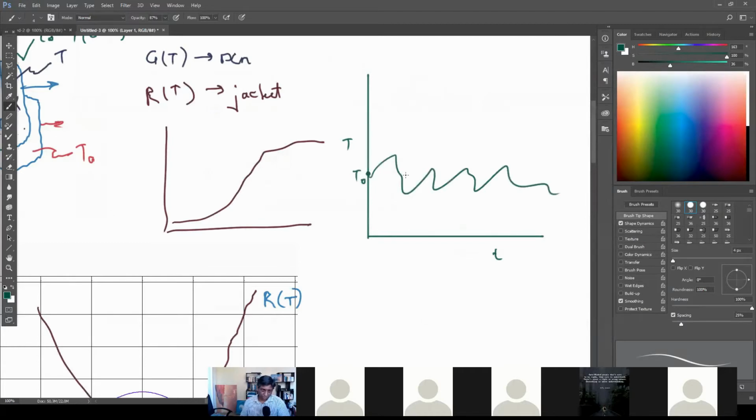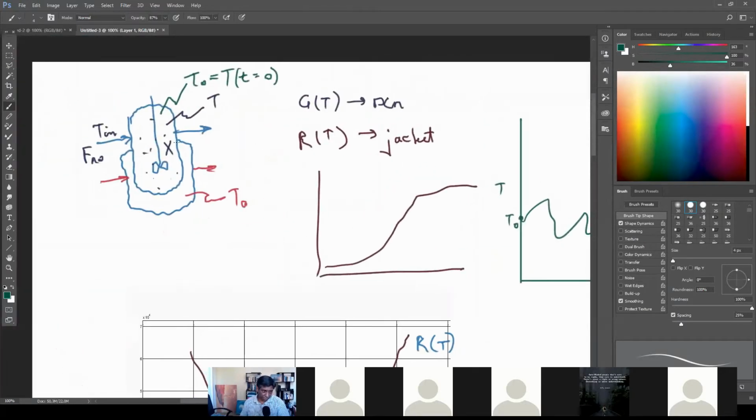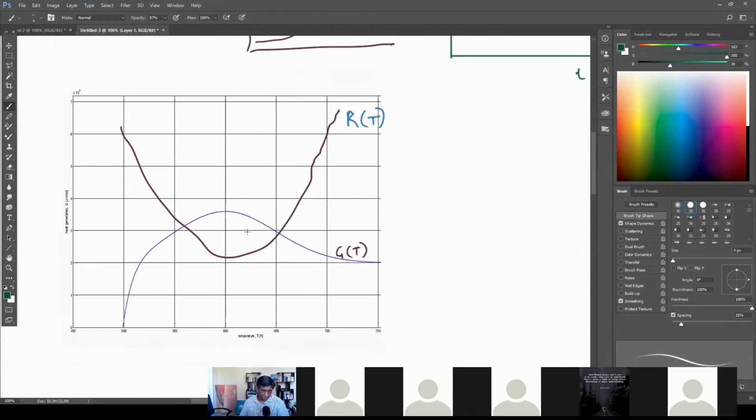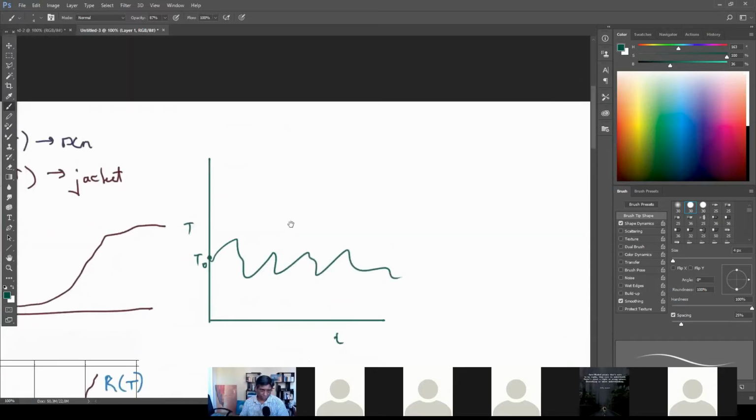We don't know how the temperature, and this is the temperature in the reactor, is going to vary, and we'd like to estimate how it's going to do that. And we actually have everything we need to predict that from this set of curves here. So in fact, let's just move this down a bit.